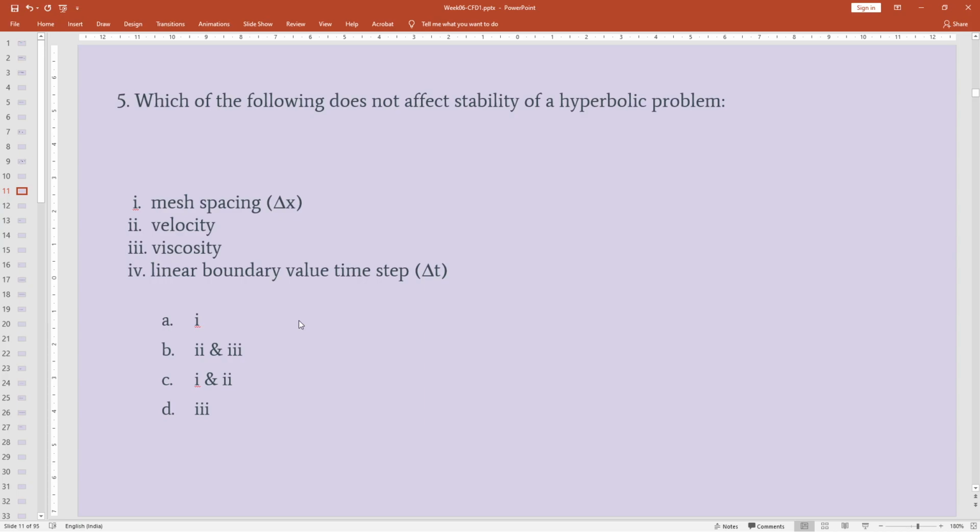Next question. Which of the following does not affect the stability of a hyperbolic problem? First one, mesh spacing. Second, velocity. Third, viscosity. Fourth, linear boundary value time step.